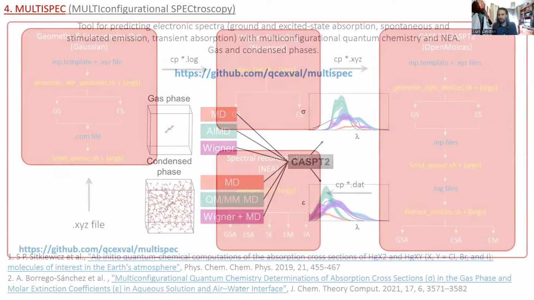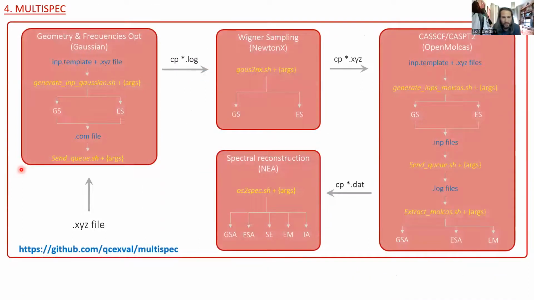Once you have downloaded the program and executed it, it will generate a structure of folders containing template files and shell scripts that guide you through the calculation. Starting from the XYZ file, it will optimize the frequencies and the geometries using Gaussian. Then it will perform a Wigner sampling using Newton-X, and it will perform the vertical excitation energies and oscillator strengths calculations using OpenMOLCAS to the desired level of theory.